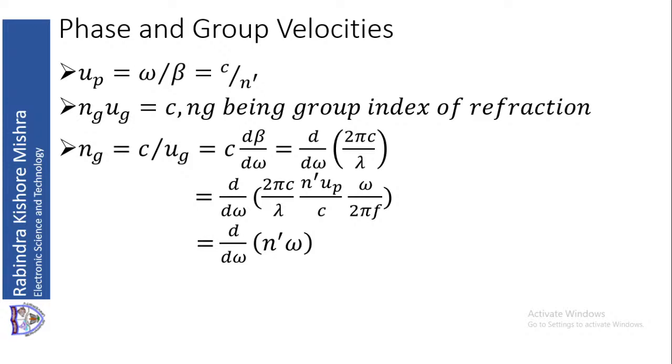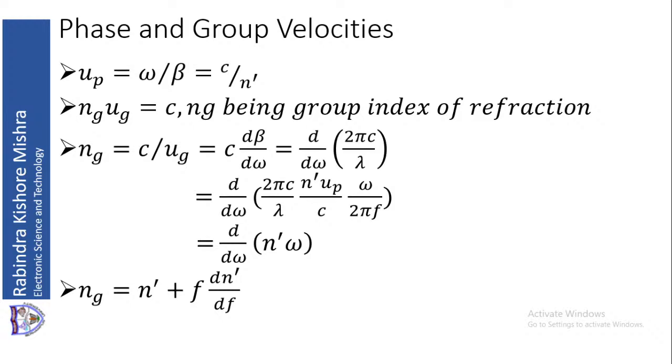That is equal to, from that you can write Ng is equal to d by d omega of n dash omega, that will be n dash d omega plus omega d n dash by d omega. Now omega is 2 pi f, and d omega will be 2 pi df.